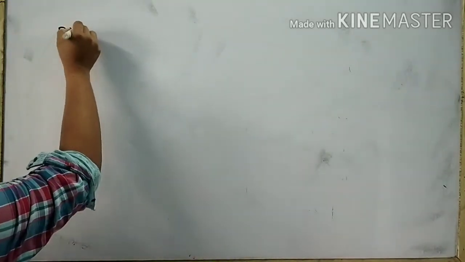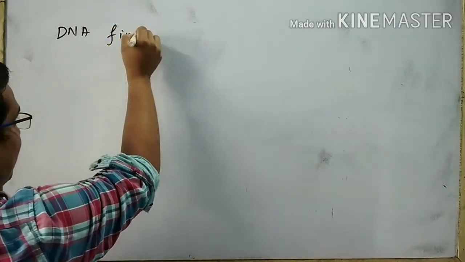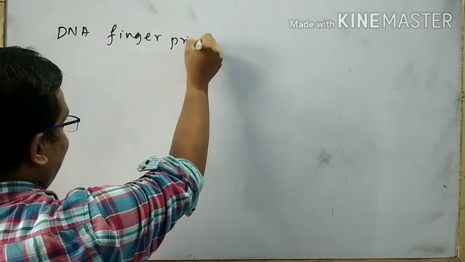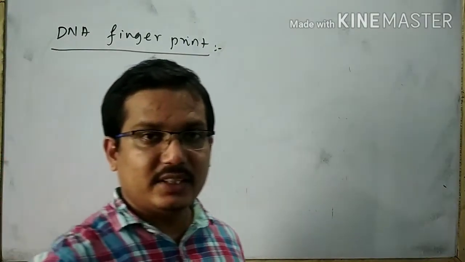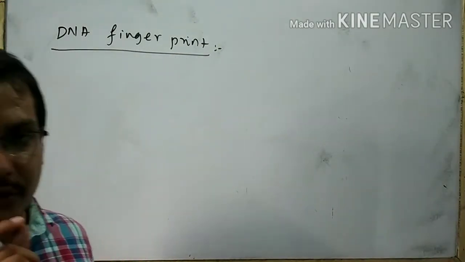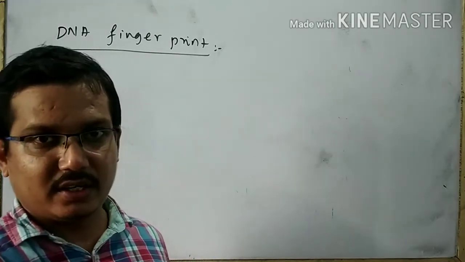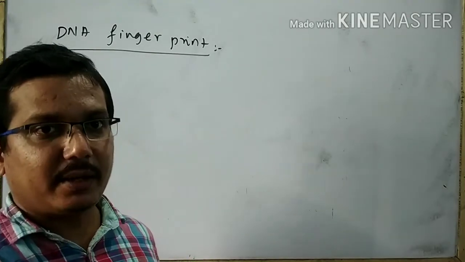Next I will discuss the DNA fingerprint. It is very important in exams. The sequence of bases on DNA for a particular person is unique. That is called DNA fingerprint.